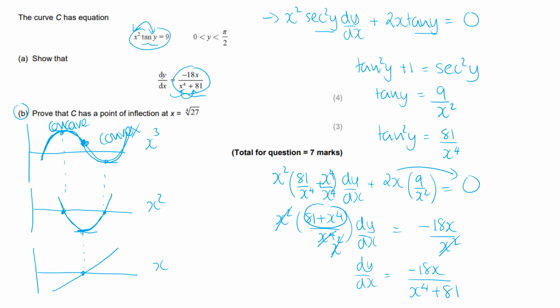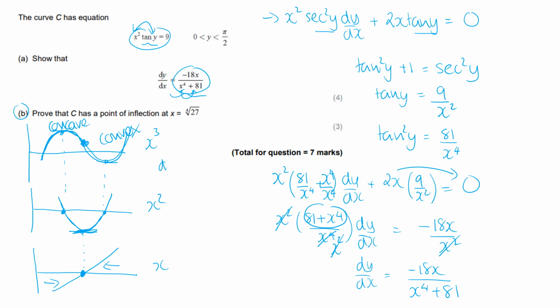So at that point there is where this one stops slowing down and starts increasing again, which is this point here. So the second derivative at a point of inflection is 0, and either side of that point of inflection, the second derivative is going from negative to positive or vice versa, but you're looking for a change of sign. So what we need to do is find the second derivative.